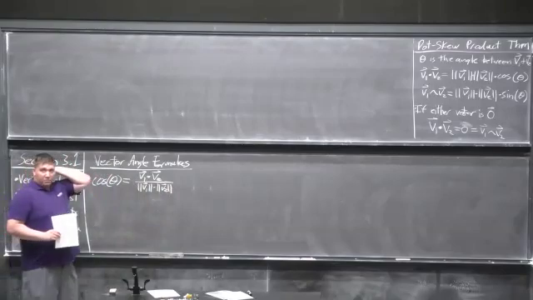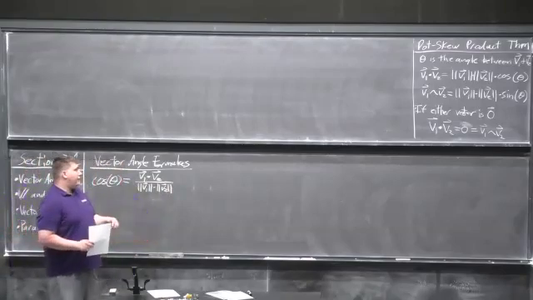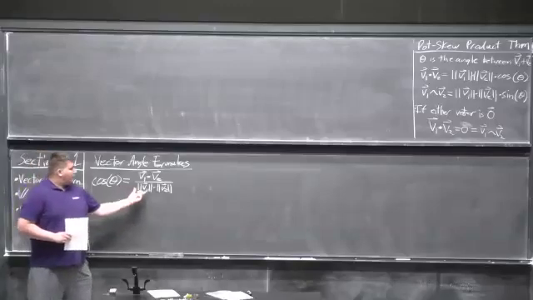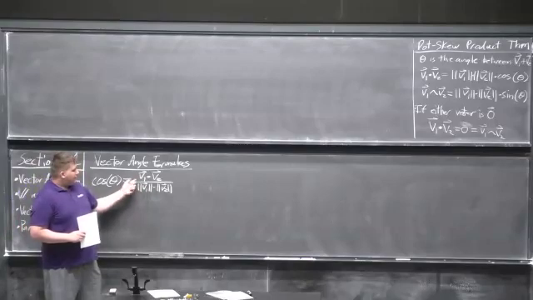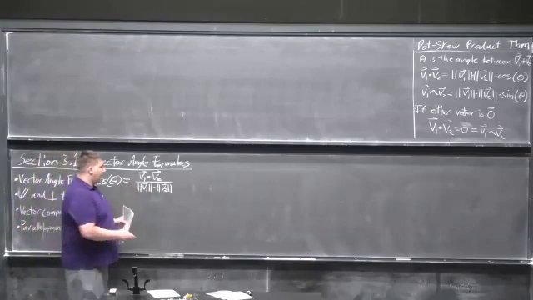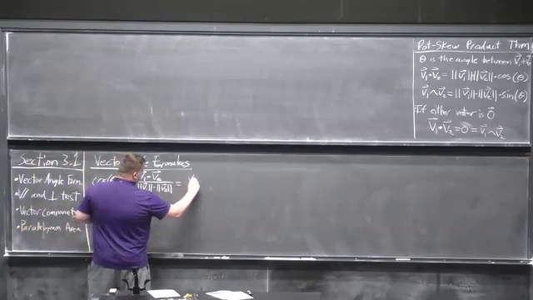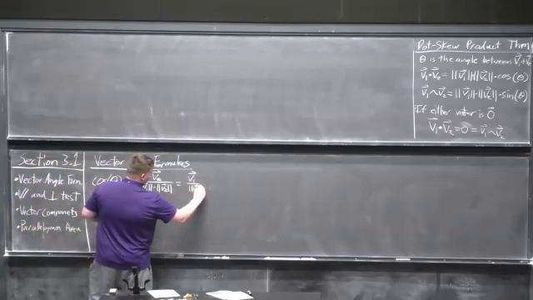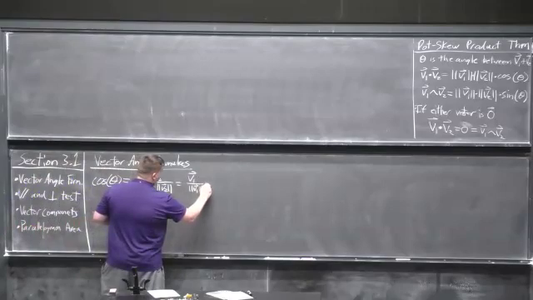Some of you might look at this and go, wait, I could make this be V1 divided by magnitude of V1. I could do this because of the homogeneity of dot product.